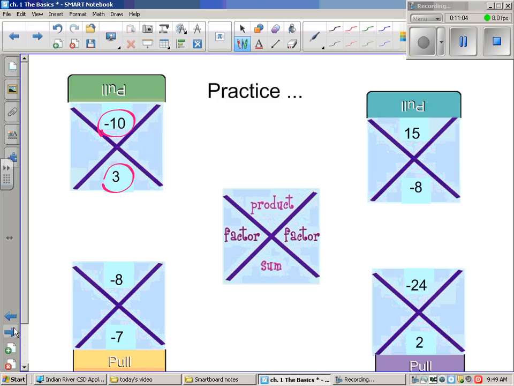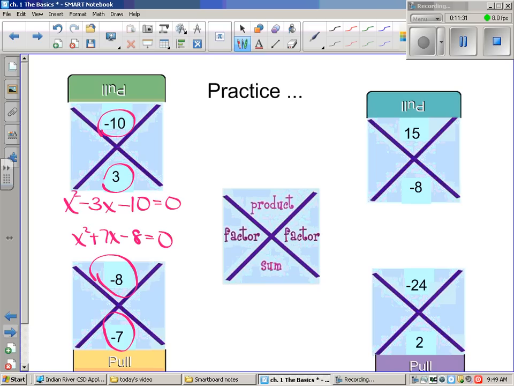How could I rewrite this as an equation? We have the sum is 3, so that would mean it's going to be x squared minus 3x minus 10 equals 0. How about this one here? Again, the product is -8, and the sum is -7. So when we write that equation, it's x squared plus 7x minus 8 equals 0.